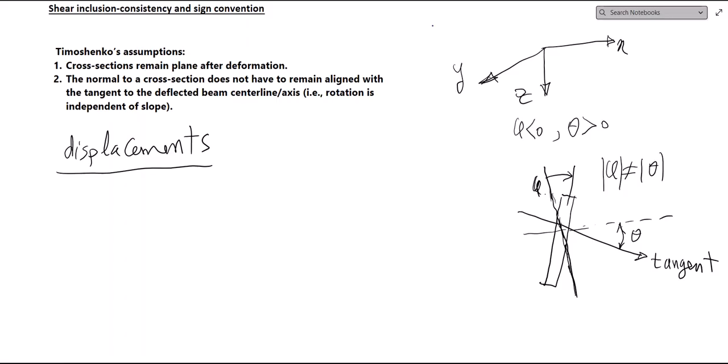According to the right hand rule, counterclockwise is positive, but phi has rotated clockwise, so phi is negative, and therefore theta is positive.